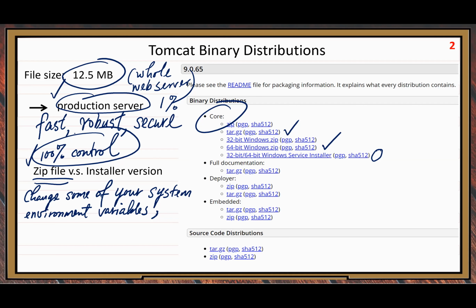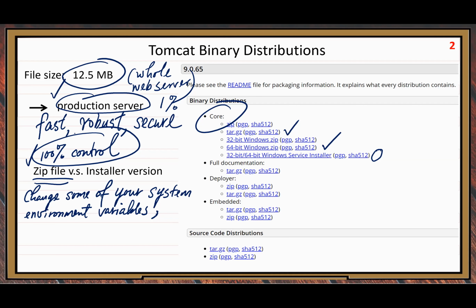But for the installer version, that's not the story. It's hard to make a clean removal. Even if you uninstall it, still some garbage is left, and you cannot remove that garbage part. So that's one important difference.